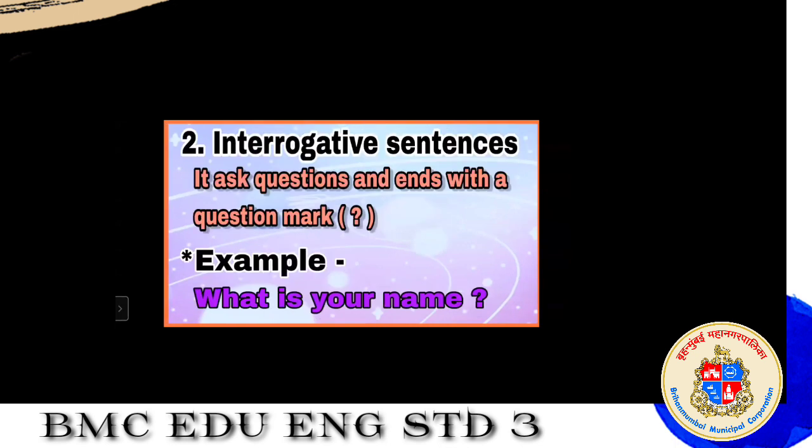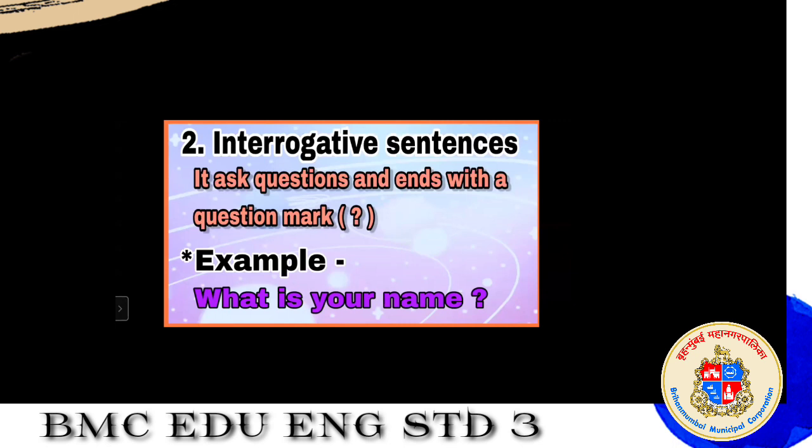Second sentence, children: the interrogative sentence. As I said, interrogative sentences ask questions and end with a question mark. Examples: What is your name? Who are you? Why are you running?